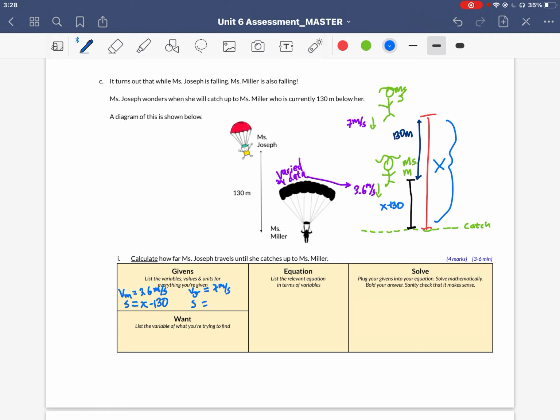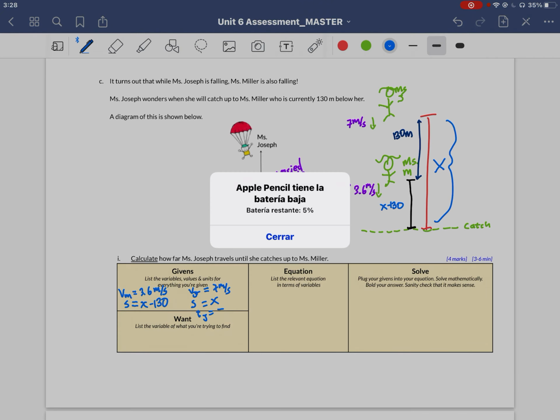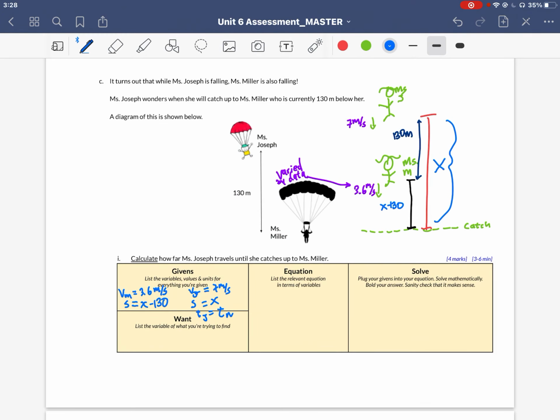Her displacement is just x. And then we don't know anything about the time, but we do know that the time for Miss Joseph is equal to the time for Miss Miller. What do I want? Well, I want to know how far Miss Joseph goes. So I want to know S for Miss Joseph.